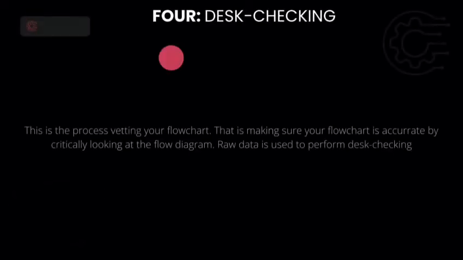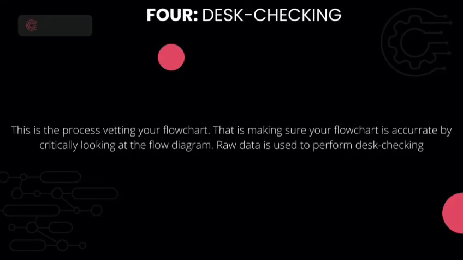Next is the arrow symbol. The arrow symbol simply links one flowchart symbol to another. It shows how the program is passed from the initial start symbol down to the end. So it tells you the direction of flow.